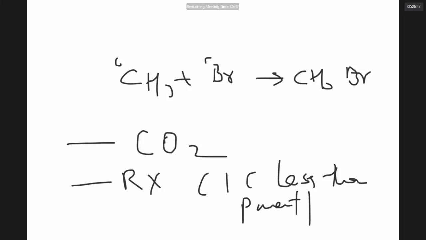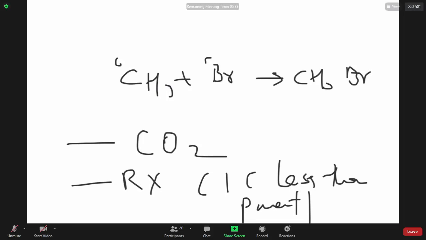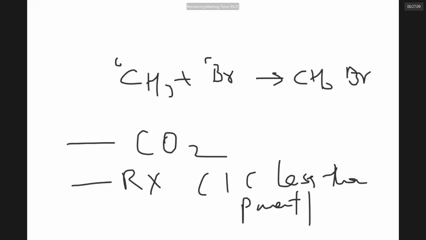The reaction proceeds very rapidly because the AgBr precipitate provides a driving force. Because one of the products is removed as precipitate, the reaction easily goes in the forward direction. The Hunsdiecker reaction is used to prepare alkyl bromides, preferably, which have one carbon less than the starting carboxylic acid.